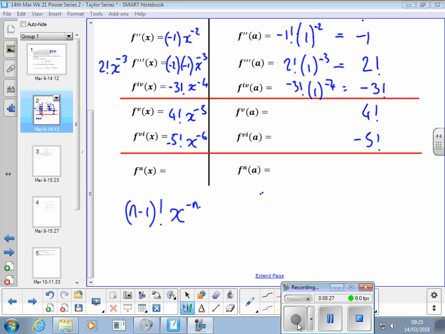What about over this side? Can we get as far as that over this side? The nth derivative of a is equal to, well, that's going 4, 5, 6, change in sign again, factorial all the time. So this is the way we can get a general rule for this bit on this side.